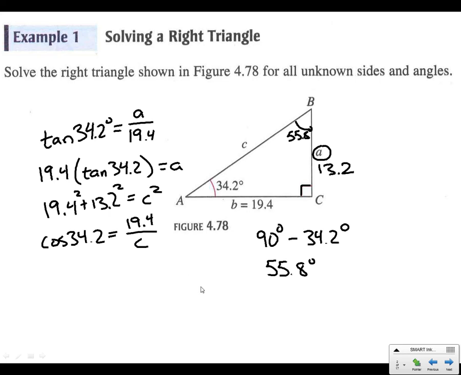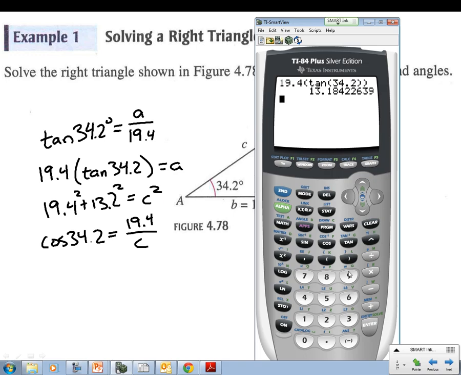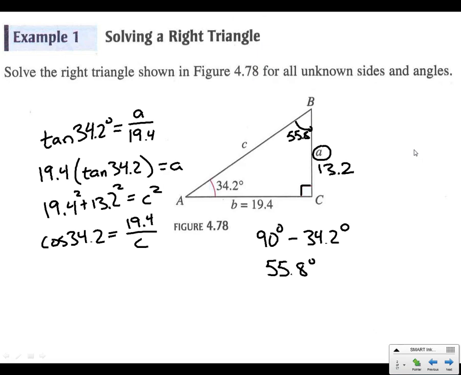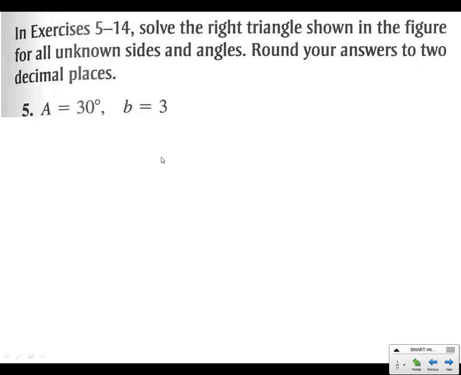Let's go ahead and just do the Pythagorean here. We're going to square our answer, plus 19.4 squared. And we'll take the square root of that, and we get 23.5. 23.5 for the hypotenuse. So we've gotten every single side. Your job is to do the same thing on problem 5.